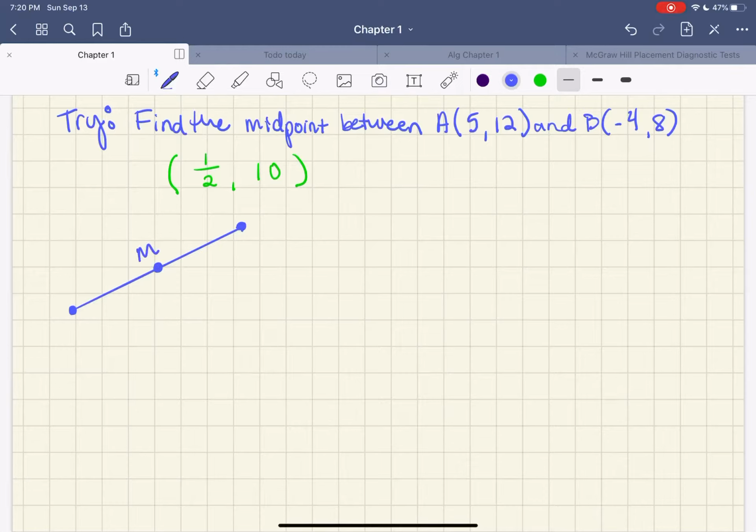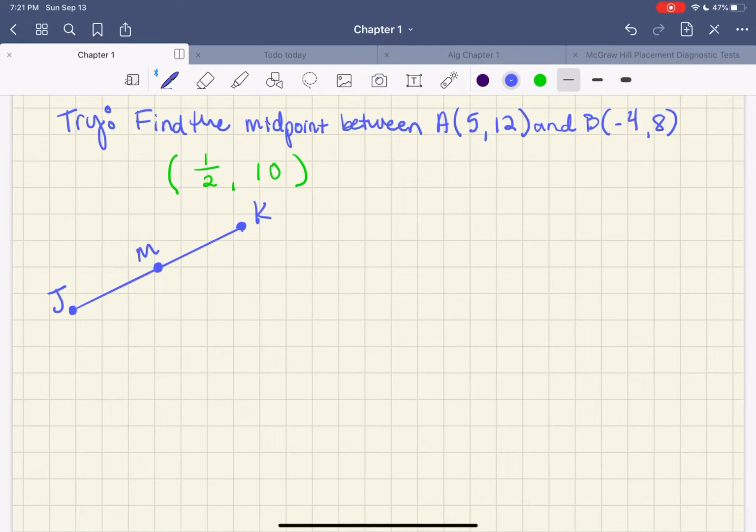I'm going to say that I have K, and K's got to be here, and J is over there.